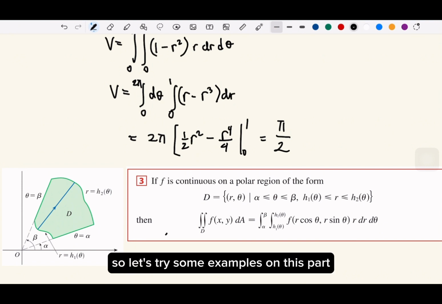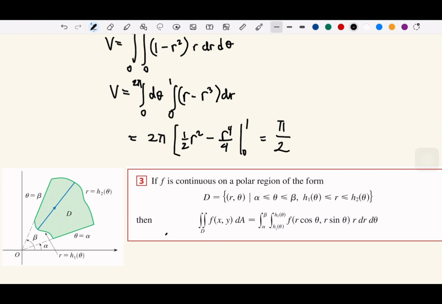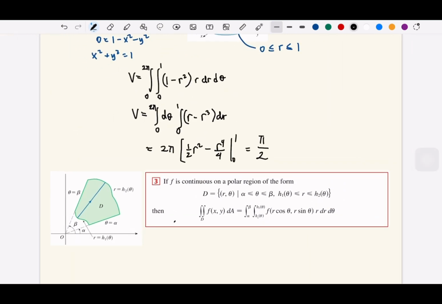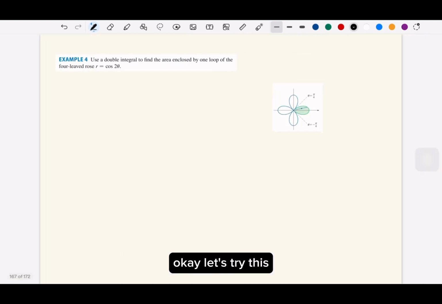So let's try some examples on this part, when we have endpoints as a function of theta. Okay, let's try this.